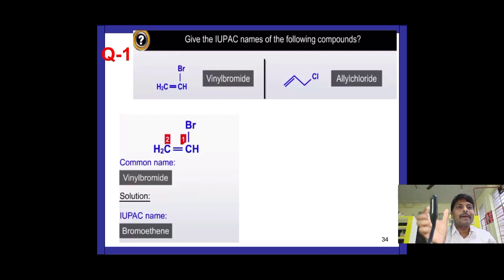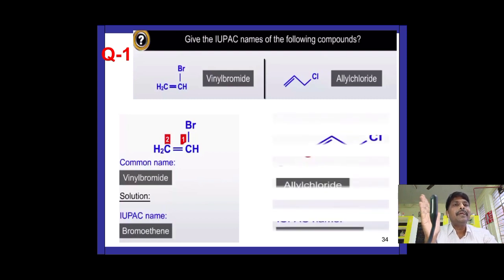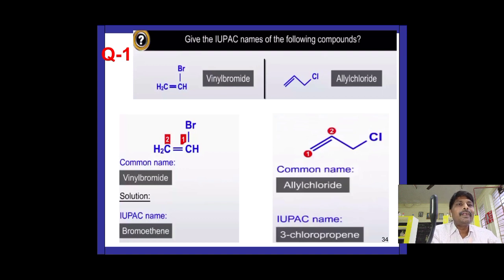As per the order of priority, you have to give more priority to the double bond than the halogen, because the halogen atom is a substituent. Substituent and double bond, which one is the higher priority group? Double bond. So that is why you have to start numbering from the double bond side, from the left. Then the numbers are 1, 2, 3. Chlorine is present at the third carbon, so 3-chloropropene.